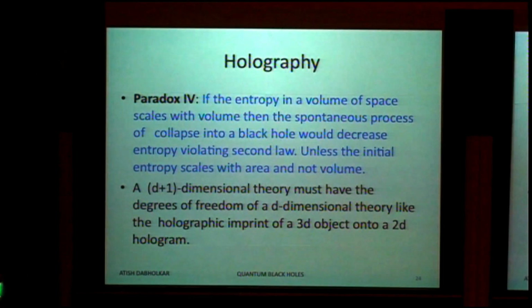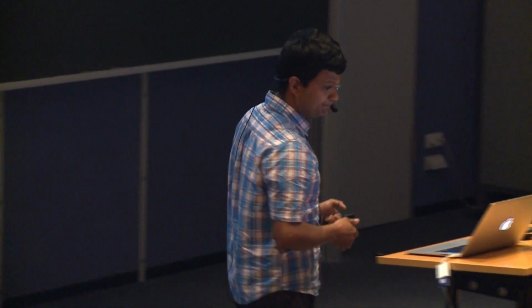Now, this is a very bizarre statement. Normally, if you have some crystal in this room, the entropy would be proportional to the volume of this room and not to the area of the walls of this room. But that's what black holes seem to tell us.